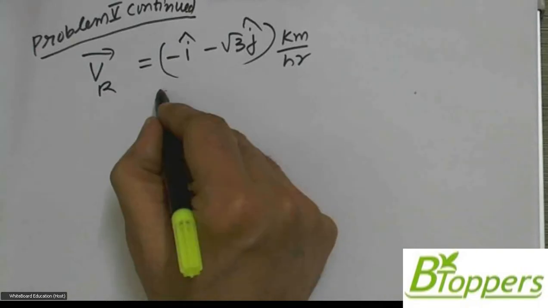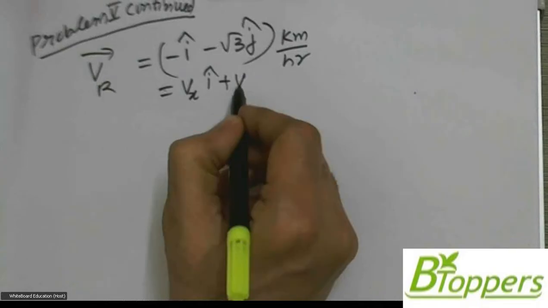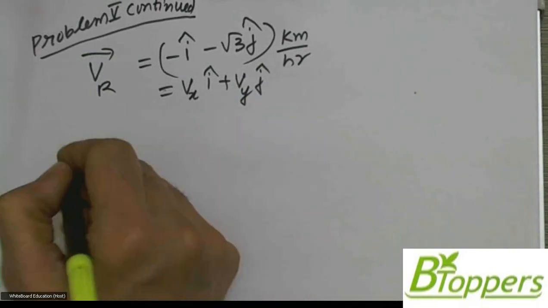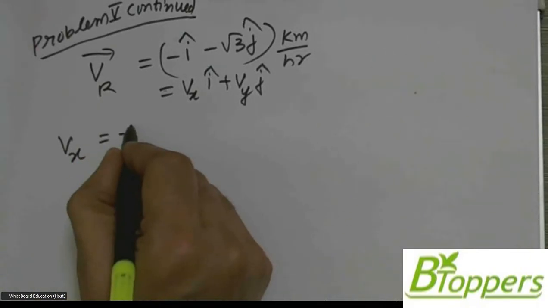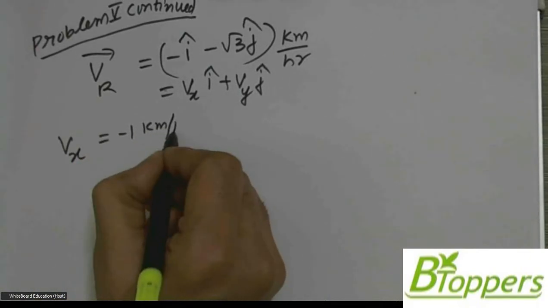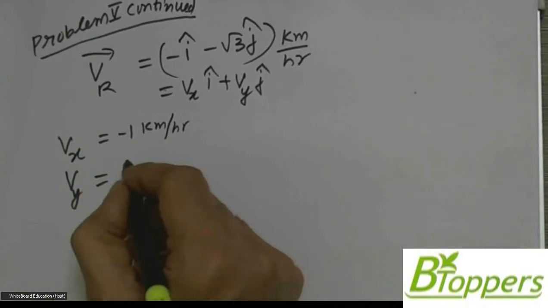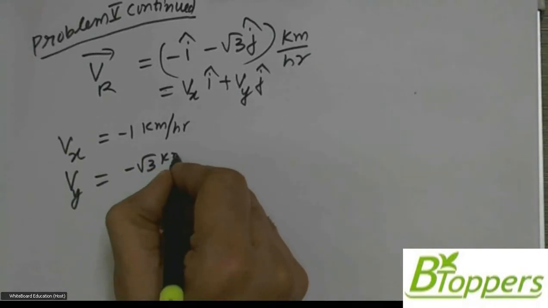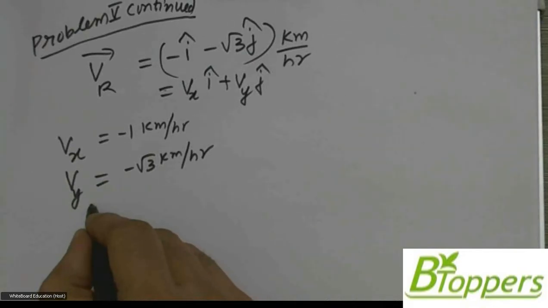So the actual velocity of the raindrops is written in the standard form Vx i cap plus Vy j cap. Vx is the x component of the velocity, that is equal to minus 1 kilometer per hour. Vy is the y component of the actual velocity of raindrops, that is equal to minus root 3 kilometer per hour.